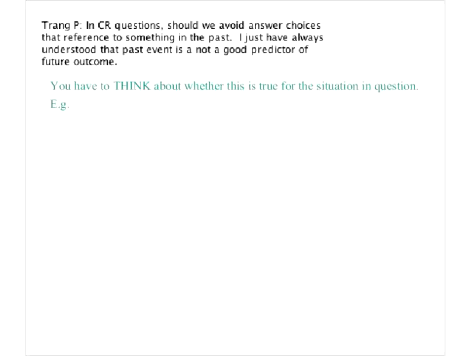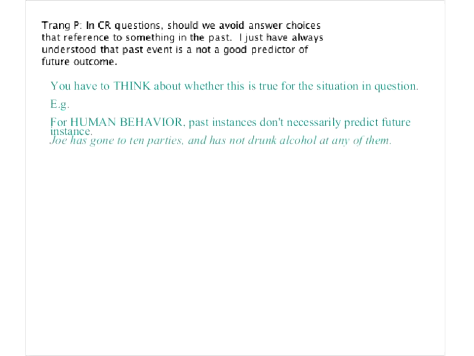For instance, for human behavior, past instances don't necessarily predict future instances. If you say Joe has gone to 10 parties and has not drunk alcohol at any of them, this doesn't mean that Joe won't drink at the next party.